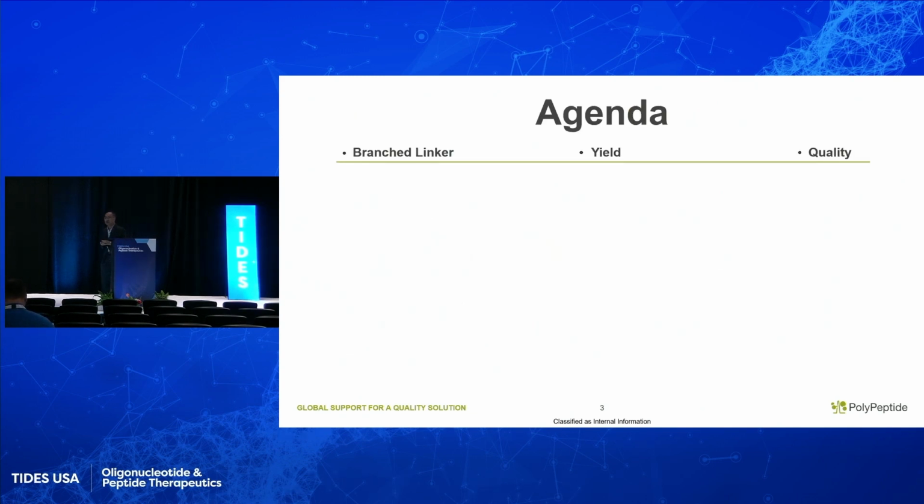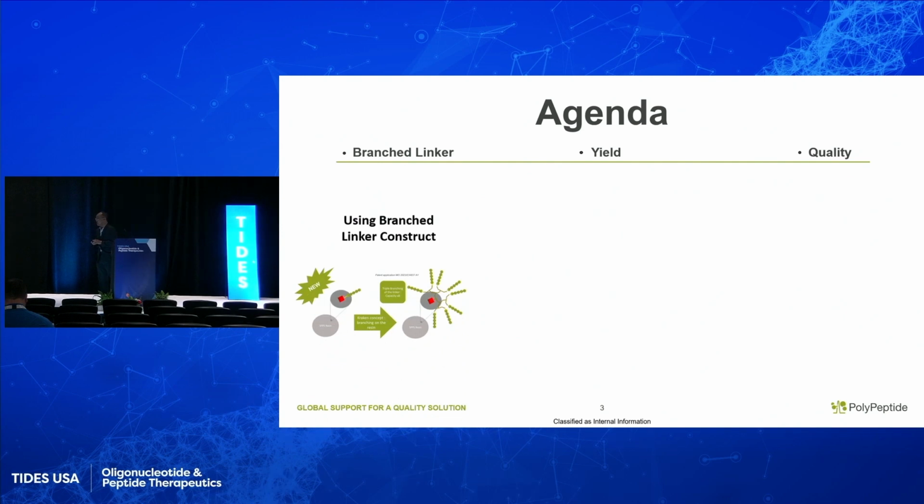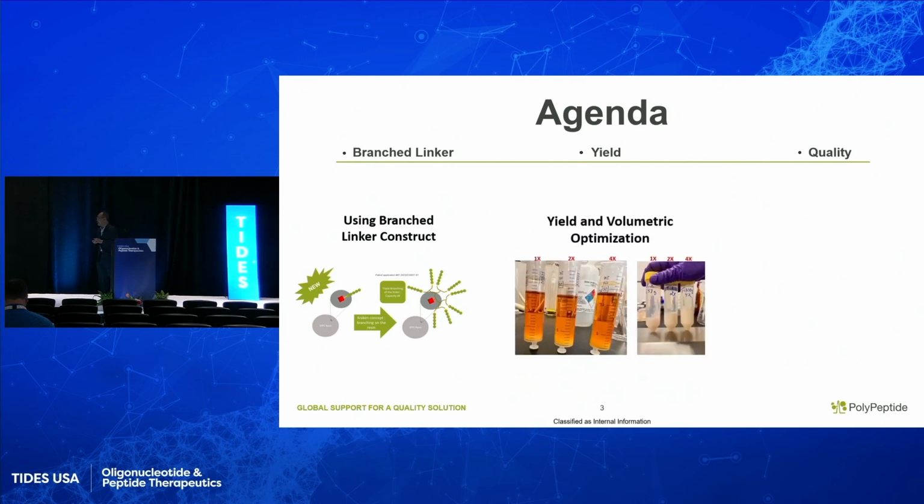So today, I will be talking about 3 things. One is a newly developed branch linker. This is an enabling piece where we can generate a greater amount of peptide per polystyrene bead.